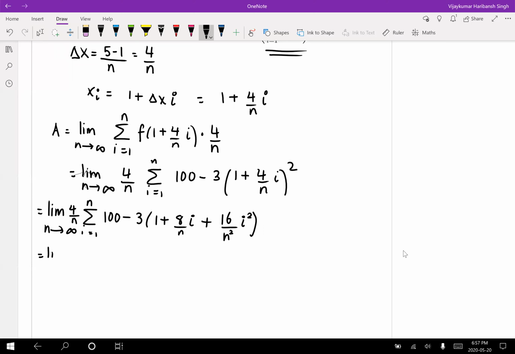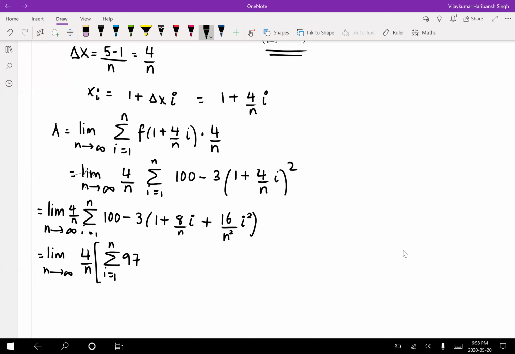So this is going to be the limit as n goes to infinity, 4 by n, summation i going from 1 to n, 100 minus 3 is going to be 97.